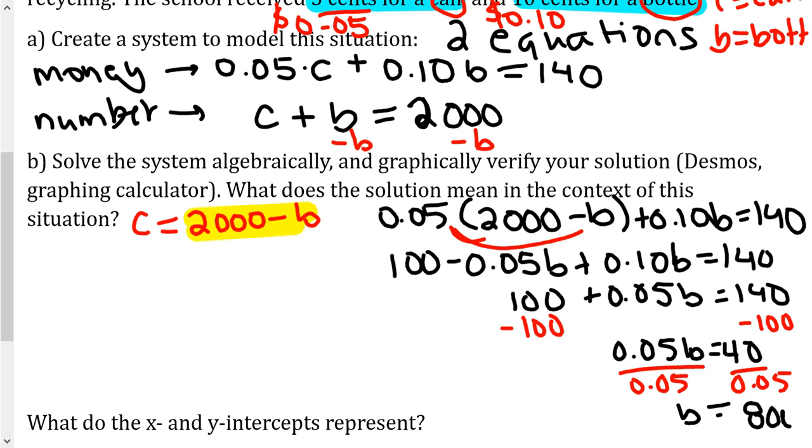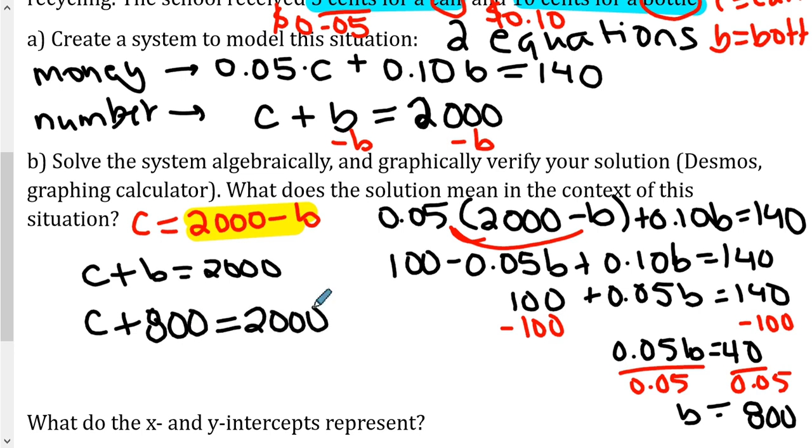So we got 800 bottles, right? We need to know how many cans. Now, because this is in context, right, we already know that we got a total of 2,000 cans. So that tells us we have to have 1,200 cans. That's really us thinking through the algebra in our head. We're taking that second equation, C plus B equals 2,000, and we're saying, well, if C plus 800 is 2,000, and I bring that 800 to the other side, I lose 800 of my total to put towards the bottles, I have to have 1,200 cans.